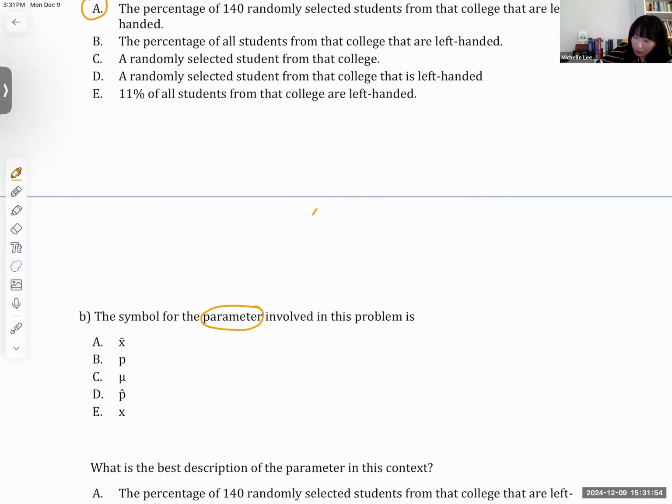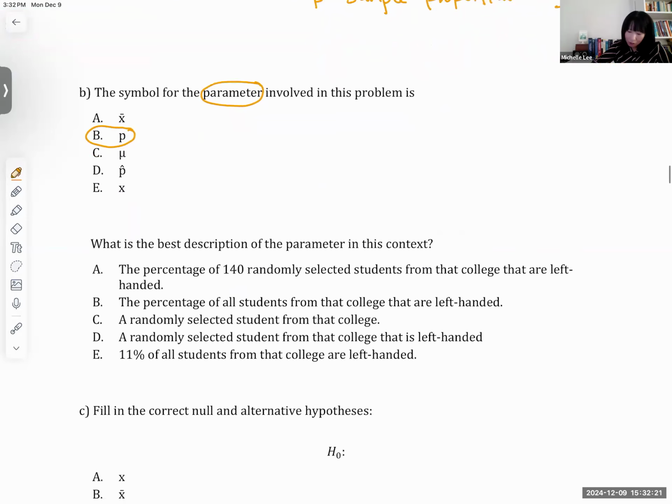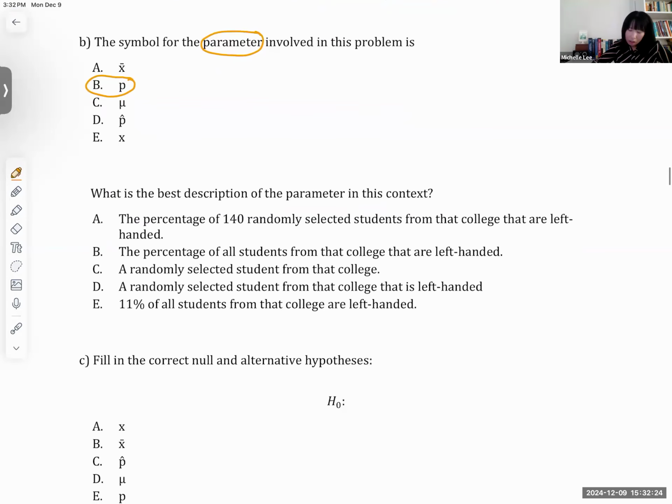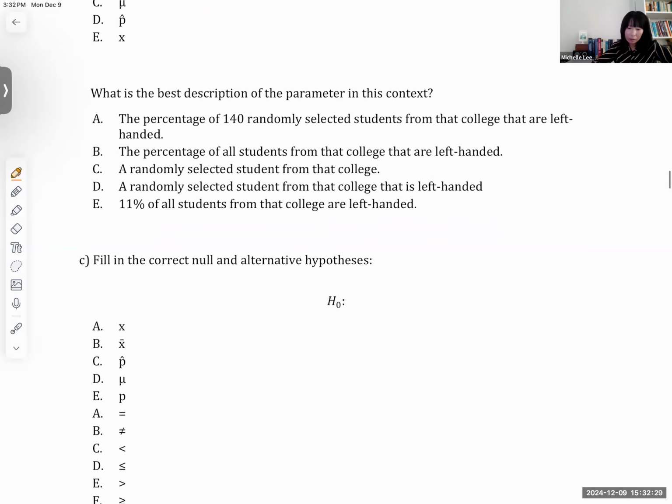So we knew that p hat, which is a sample proportion, is a statistic, right? Then what's the parameter involved with p hat? Excellent, it's p. What is the basic description of the parameter in the context?